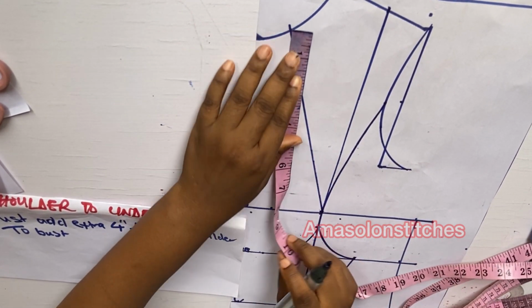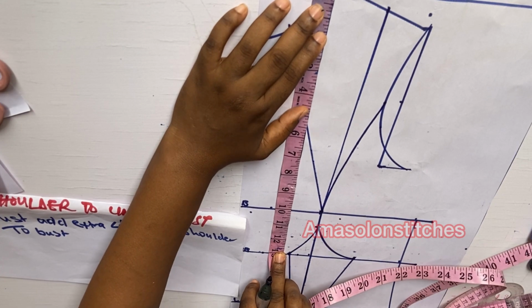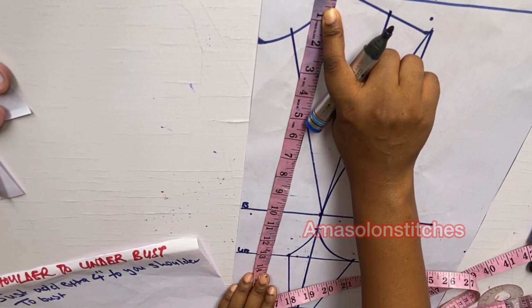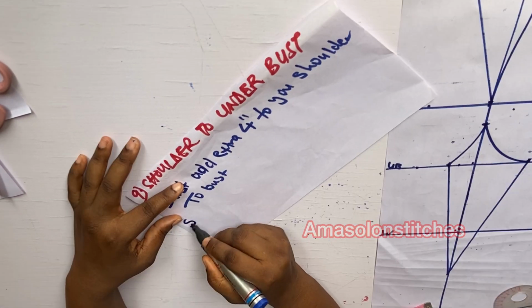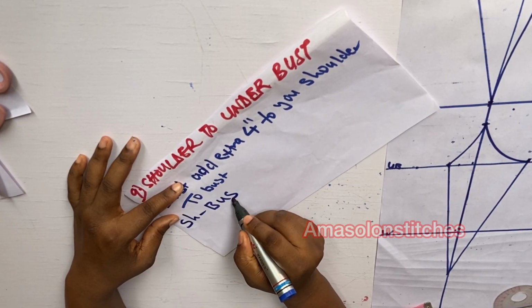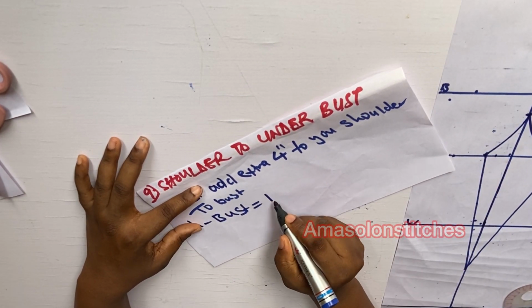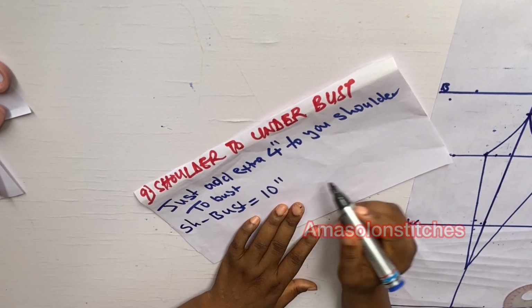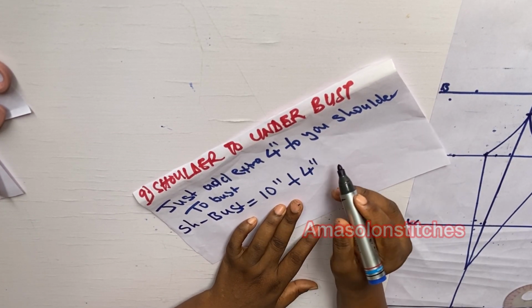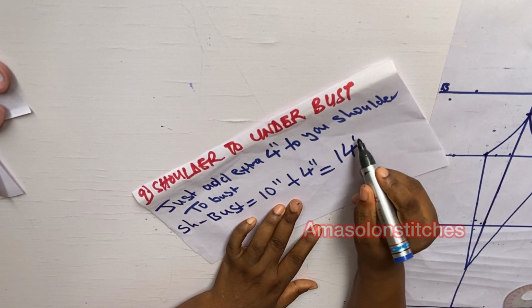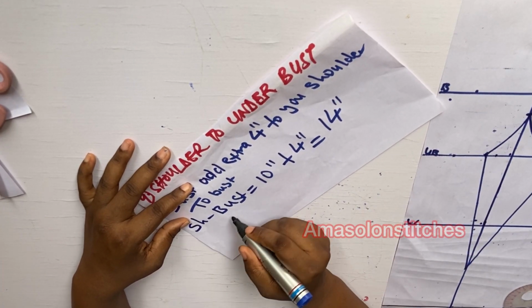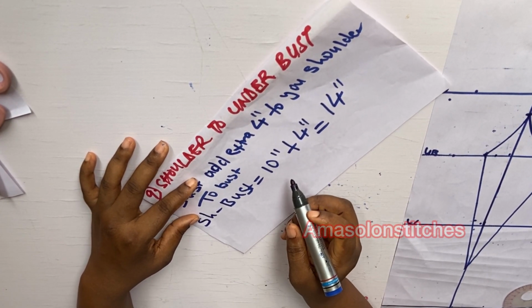It's very, very simple, so let me exemplify it. The shoulder to under bust of this pattern paper of this person is 10 inches. By the time you add 4 inches to that 10 inches, it's going to give you 14 inches. So this person's under bust is 14 inches. Let me give another example.